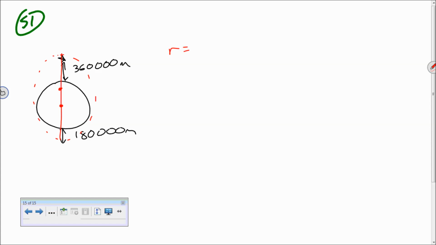I guess I did all my calculations in, well, whatever. The radius of the Earth is 6.38 times 10 to the 6th meters. Good. So if you double that, that means the diameter is, oh, I didn't do it that way.